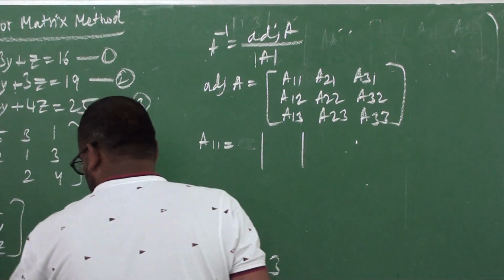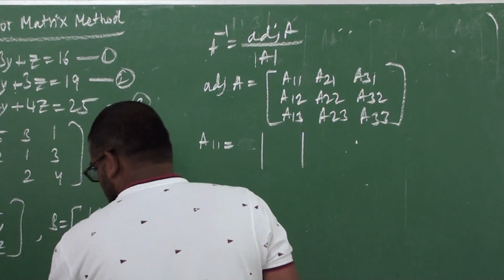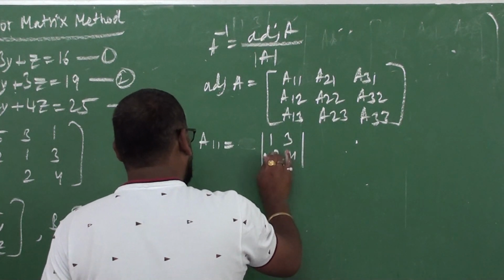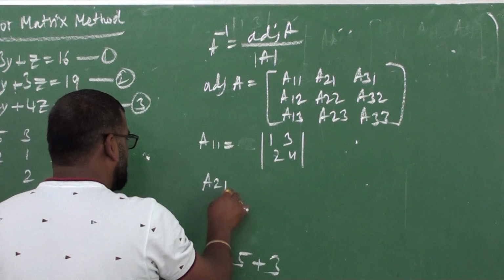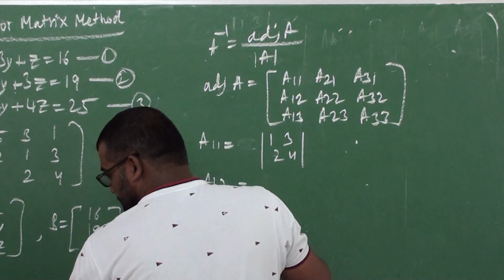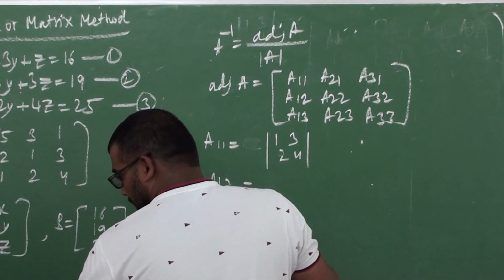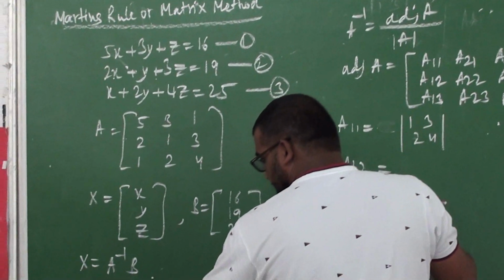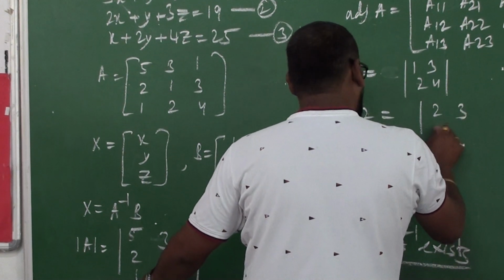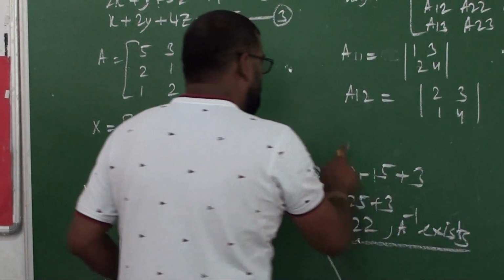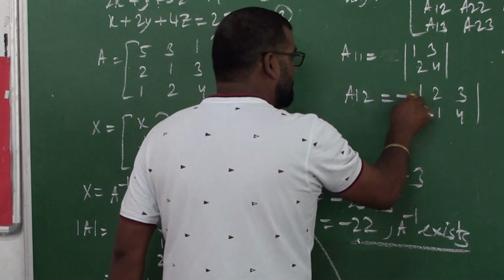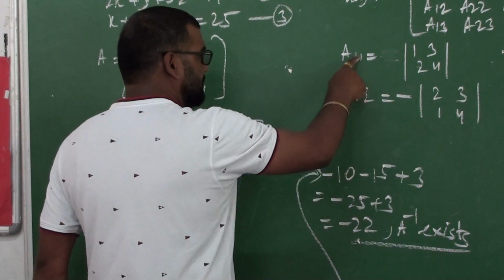For the first row and the first column, leave this, I'm explaining once again, you are left with 1, 3, 2 and 4. In the same way, take the first row along with the second column, leave this, they are left with 2, 3, 1 and 4. Now this is 1 and 2, if we add them up, this becomes an odd number, whereas the earlier one was even.